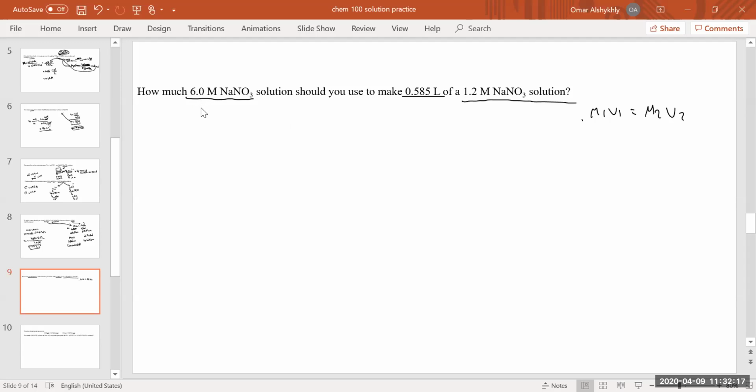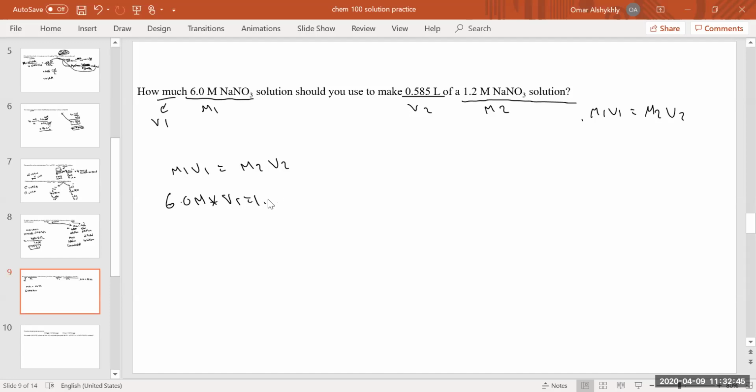They are asking for V1. So the M1 is 6.0 molar, V1 is unknown.